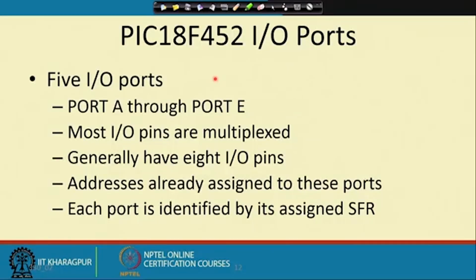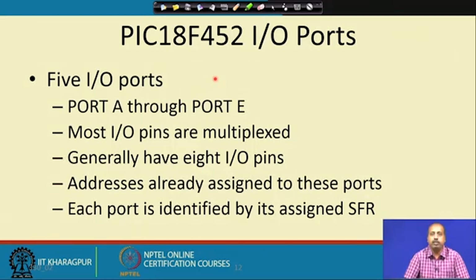The addresses are fixed, port A to port E, and each port is identified by its special function register. Just like 8051, you have seen in the memory that we have locations corresponding to the ports P0, P1, P2, P3. Here also, for each of these ports A through E, there are corresponding memory locations, which we will call special function registers.